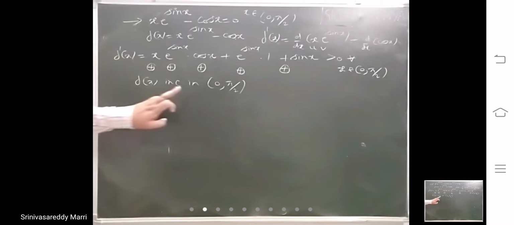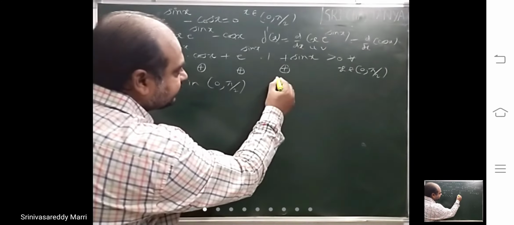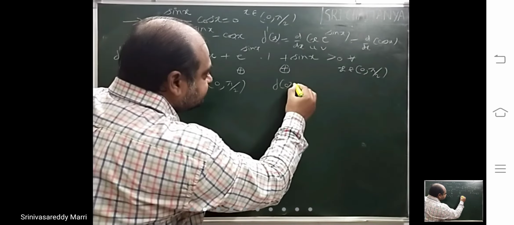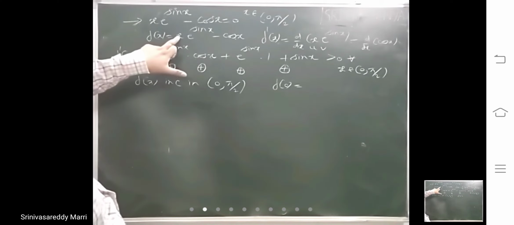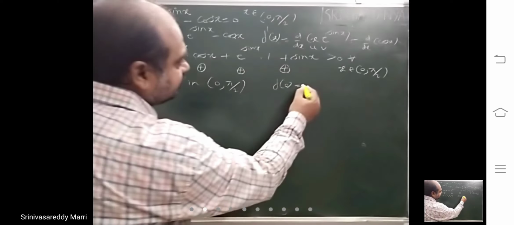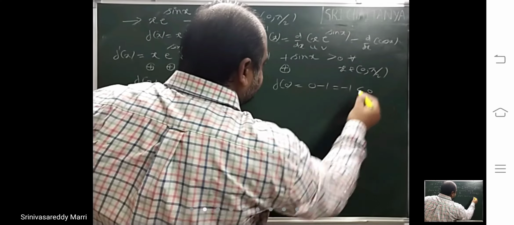Now I am going to draw the graph of f of x in 0 comma pi by 2. Look at f of 0. F of 0 calculate, here not f dash x, f of 0. This is 0, this is 0 minus 1. Minus 1, negative.